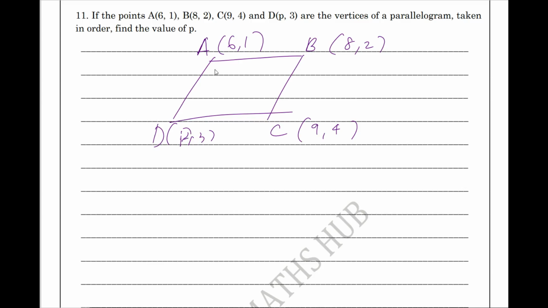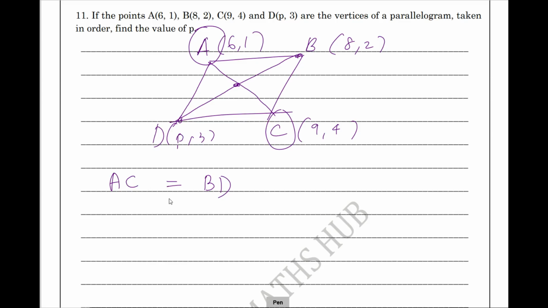Now we know that the diagonals of a parallelogram bisect each other. Now find the midpoint of A and C, and in the same way the midpoint of B and D. The midpoint of AC will be equal to the midpoint of BD. If you equate it, you can easily find the value of p.